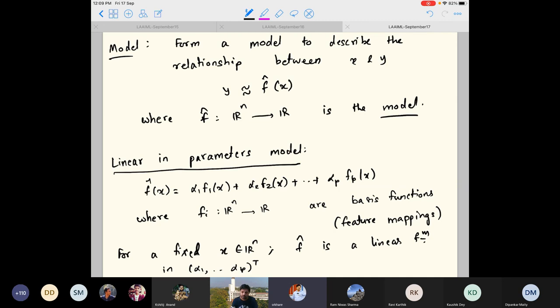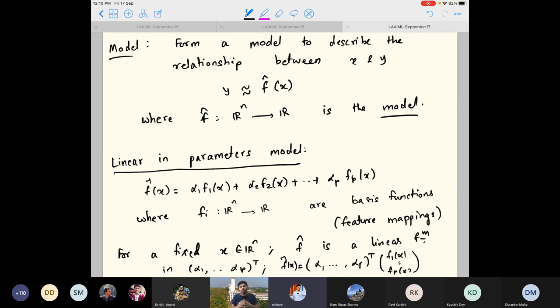You can write this function f hat as an inner product of the vector alpha 1 up to alpha p with f1x up to fpx. If you can write a function as an inner product, then it's a linear function, as we have already seen. So in the parameter vector alpha 1, alpha 2, alpha p, this is a linear function, and that is why this is called a linear in parameters model.